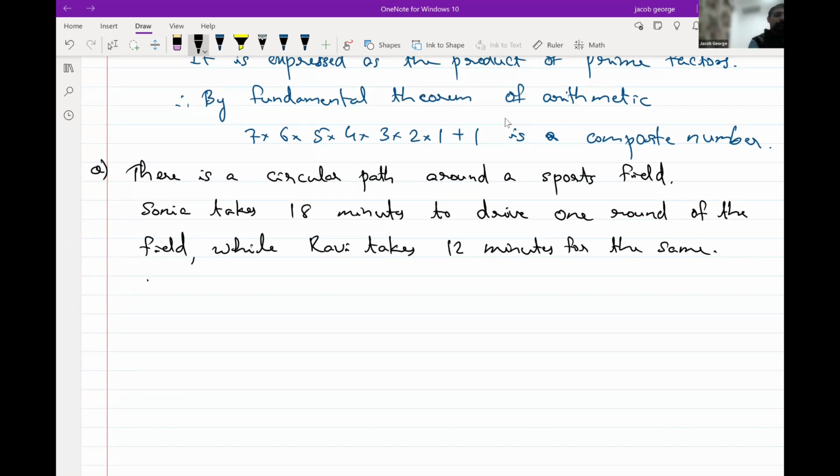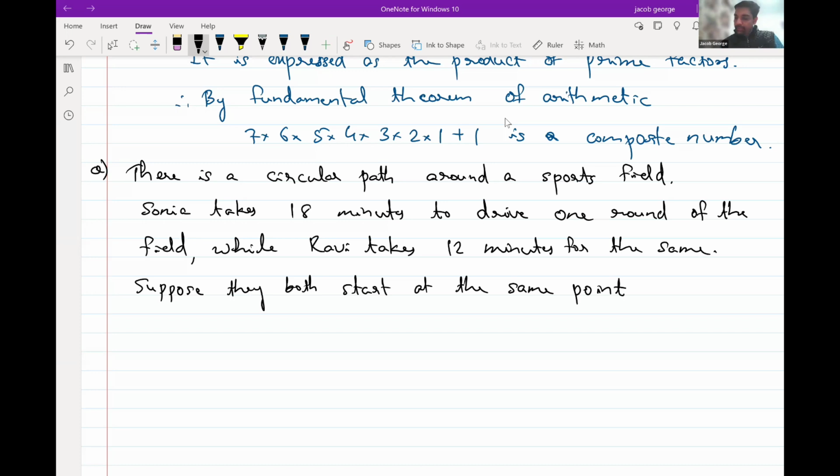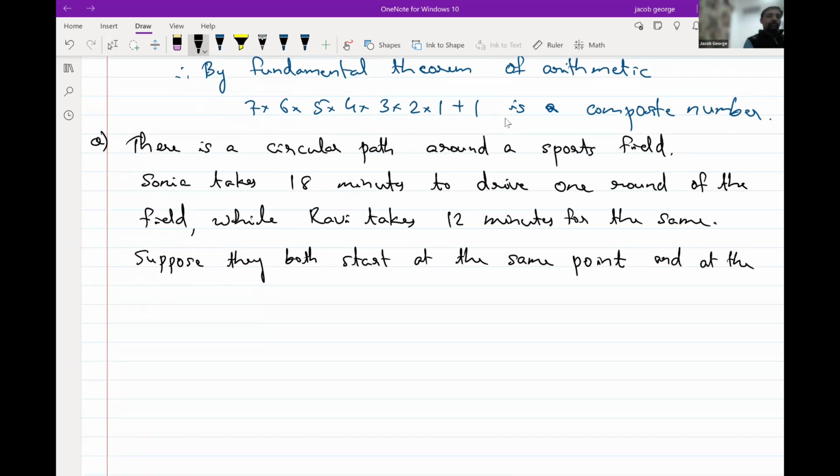Suppose they both start at the same point and at the same time, and go in the same direction.